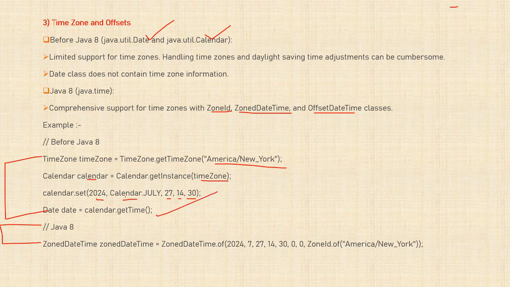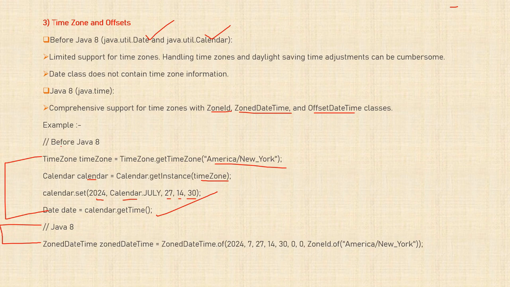Here you will get the date and time: the hours and minutes, the date, month and year. So like this we can get a date and time with a time zone.